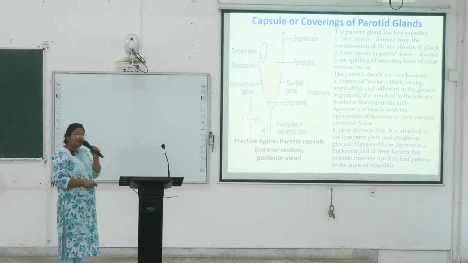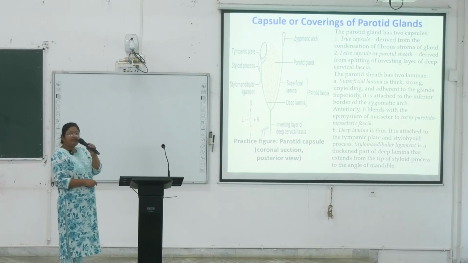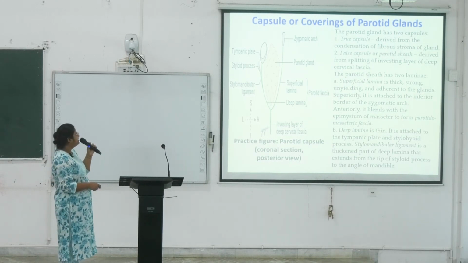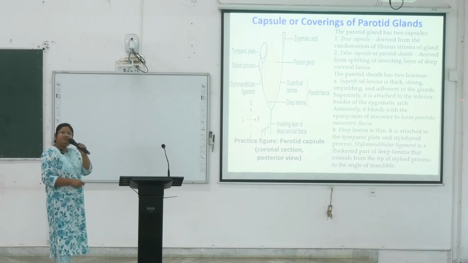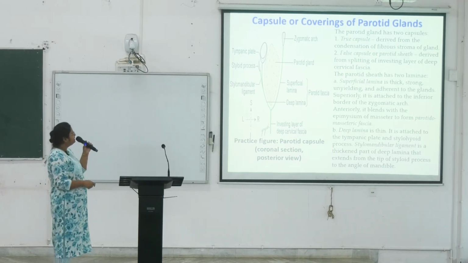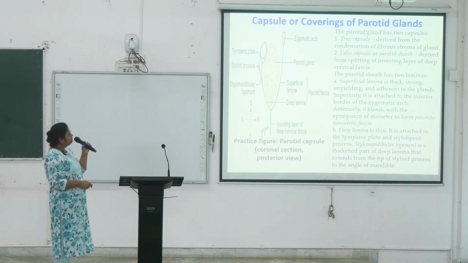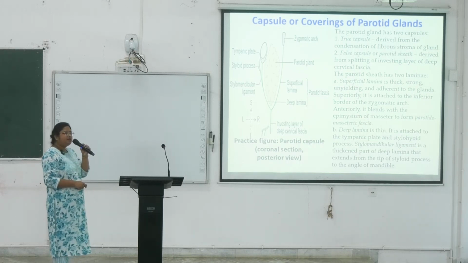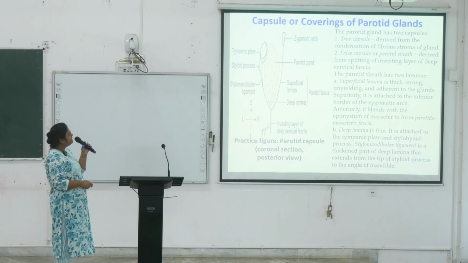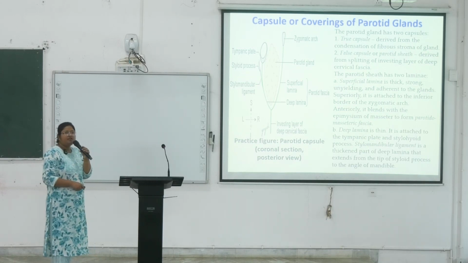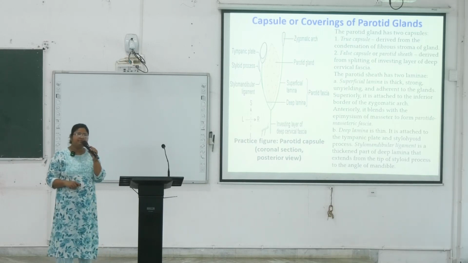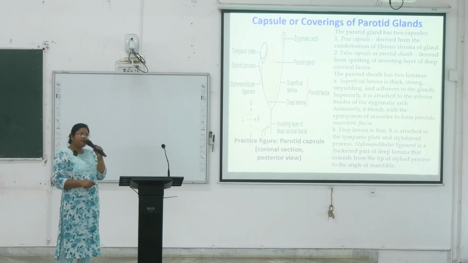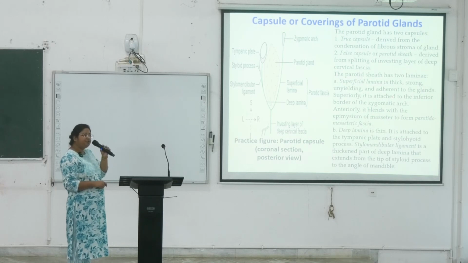Superficial lamina is thick, strong, unyielding and adherent to the gland, and superiorly it is attached to the inferior border of the zygomatic arch. Anteriorly, it blends with the epimysium of the masseter to form the parotidomasseteric fascia, covering both the parotid gland and the masseter muscle. It is a very tough fascia, very difficult to dissect out.